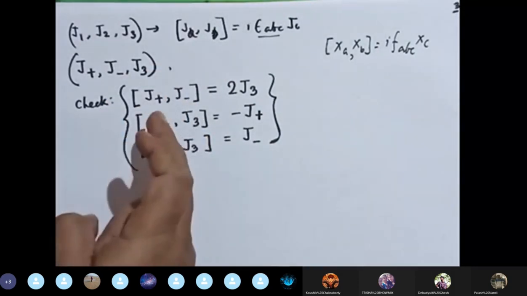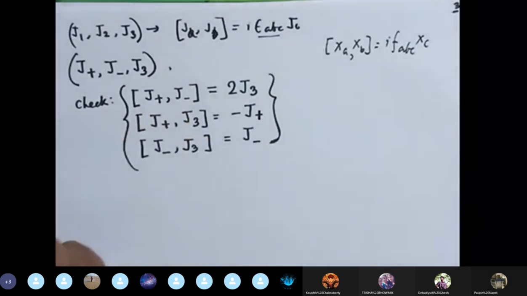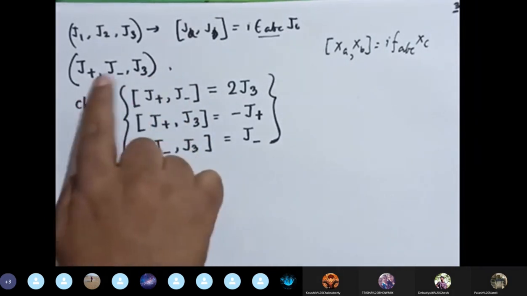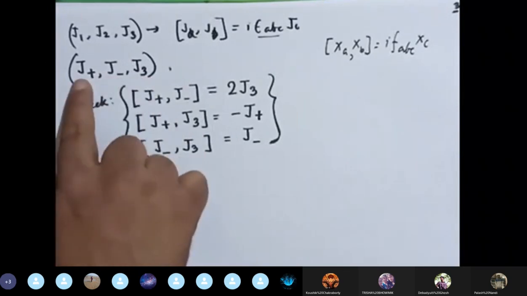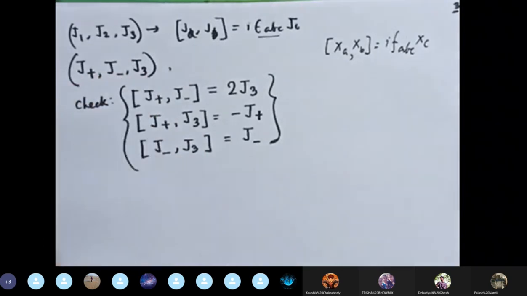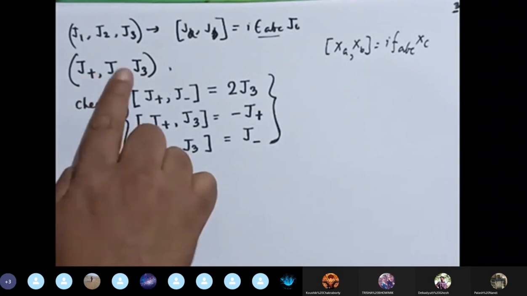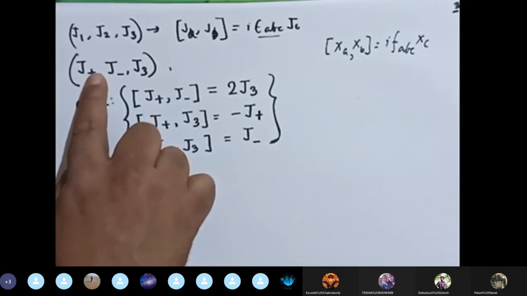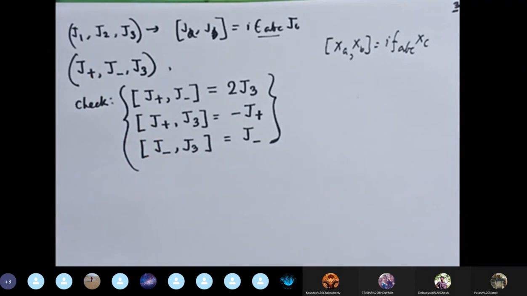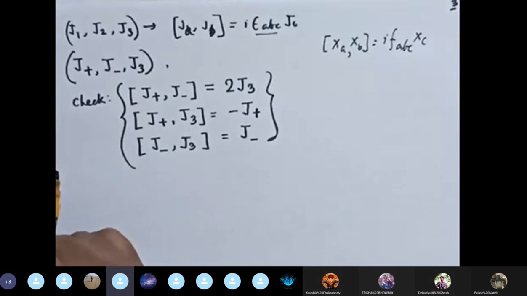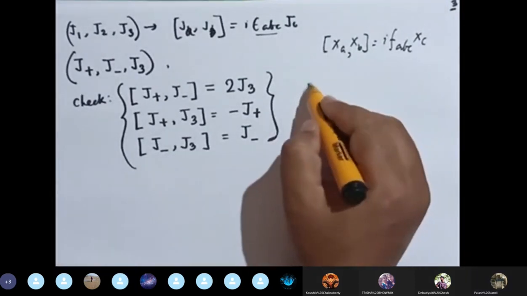You can construct innumerable such combinations, each of which is traceless and Hermitian. J3 is already Hermitian. J1, this is J1 plus iJ2. Is that Hermitian? Not Hermitian.